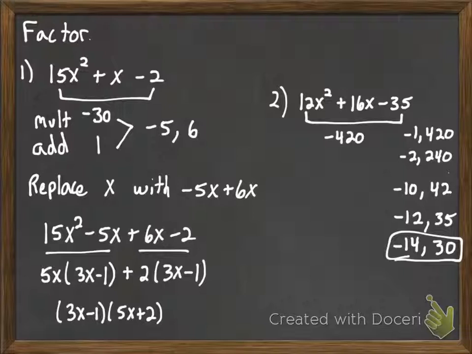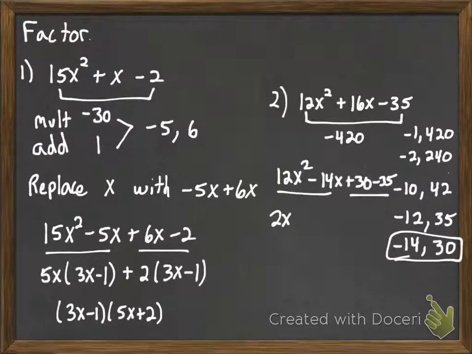That's really the big work step in a lot of these problems, because now we can do our factoring by grouping. So we rewrite it: 12x squared minus 14x plus 30x minus 35. We do our grouping for each piece. With 12x squared and 14x we can pull out a 2x, and we'll have 6x minus 7.